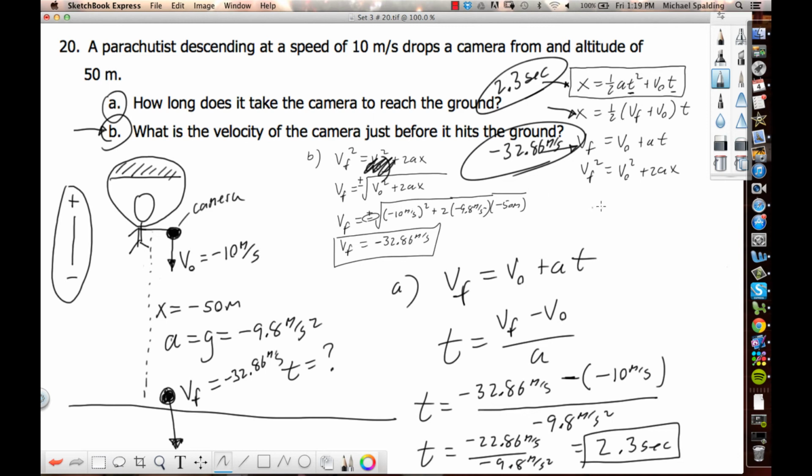This ends up being the square root of 1080, because negative 10 squared is 100, and these negatives cancel. So this ends up being the square root of 1080, which is 32.86. Oh yeah, you've got to square the 10.